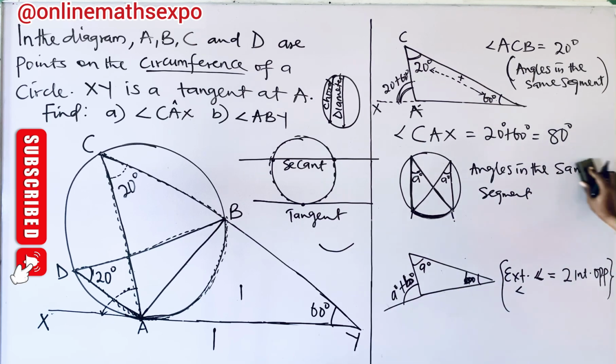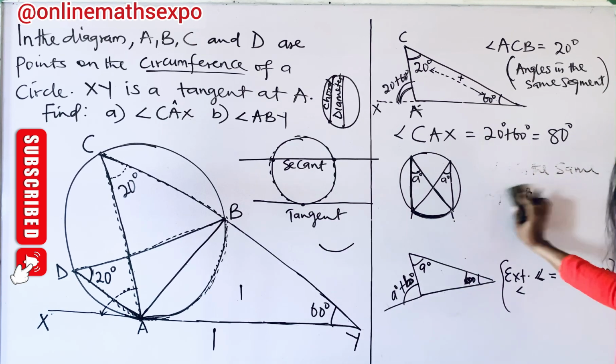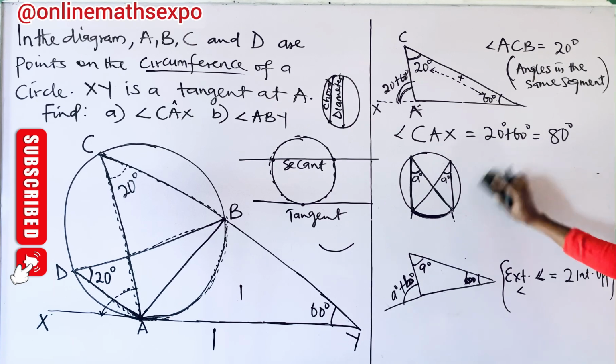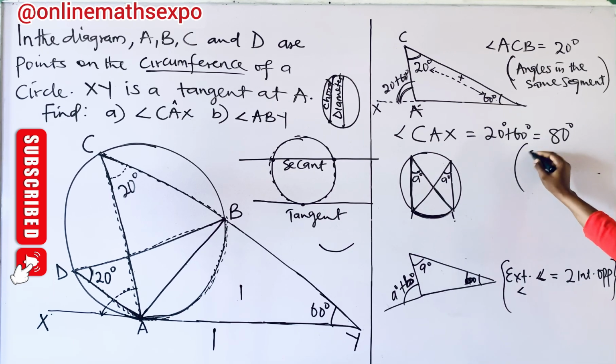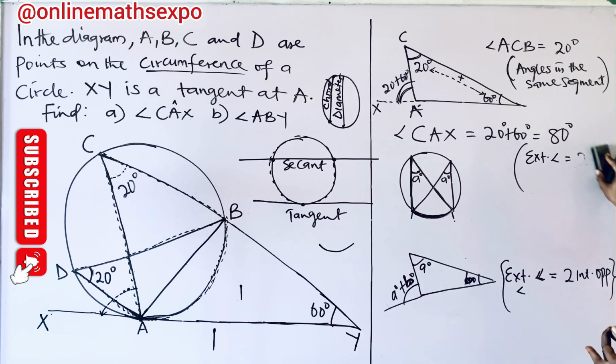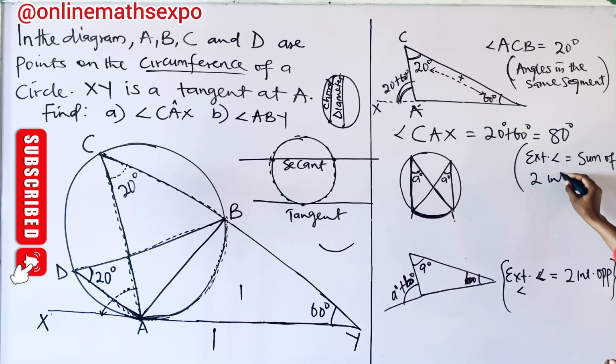And what is your reason for that? Our reason is that the exterior angle is equal to the sum of the two interior opposite angles. I hope you have seen the reason.